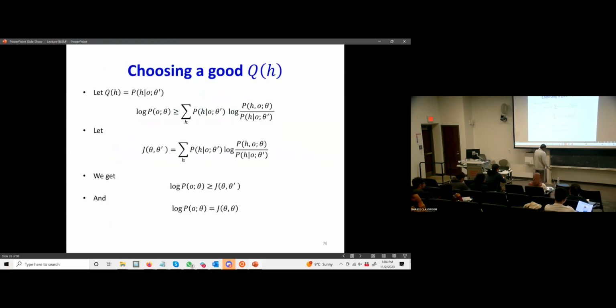So I want to come up with a Q of H, and I have P of H comma O semicolon theta, right? Now, this is a joint probability of H and O, but I can also come up with a conditional probability of H. So P of H given O semicolon theta is simply going to be P of H comma O divided by the summation over H of P of H comma O. I'm not showing the semicolon theta.